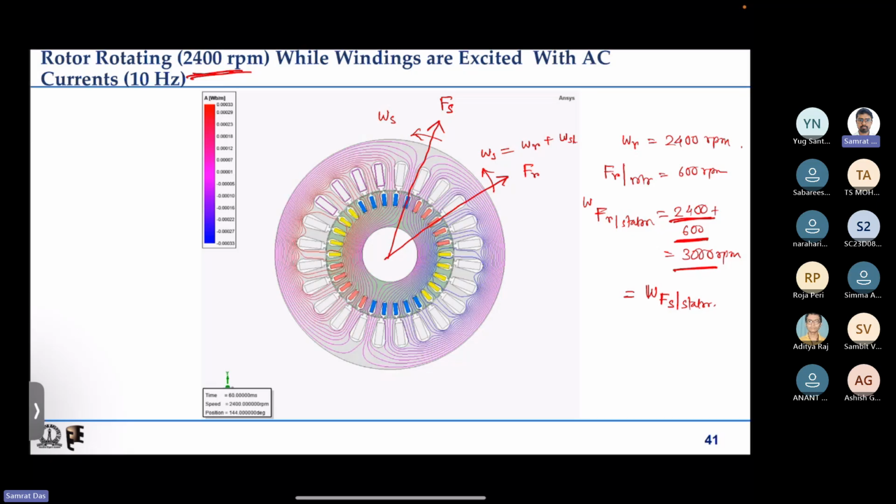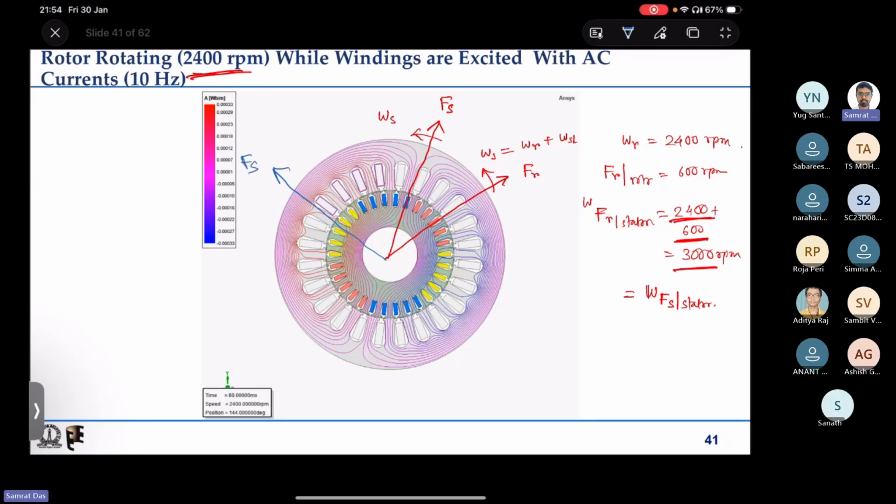Now at time t2, the relative position may change. Fs may go and come there, and Fr may come there, but because both are running at the same speed, the angular displacement between the two will remain the same with time.